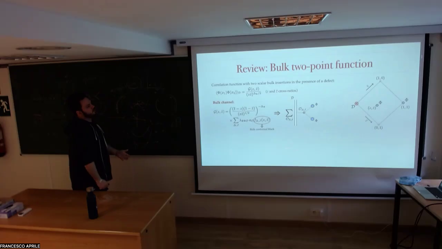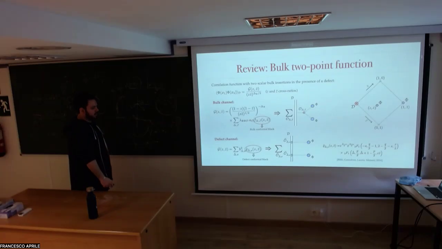So for this type of correlation function, we can exploit the bulk OPE and the defect OPE. The bulk OPE gives us the so-called bulk channel. So the reduced correlator G is expanded in terms of a sum of conformal blocks, which are labeled by the conformal dimension and the spin of the operator exchanged in the bulk.